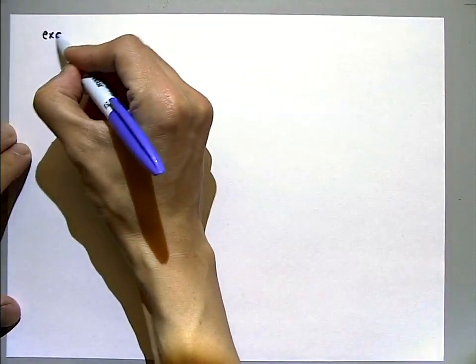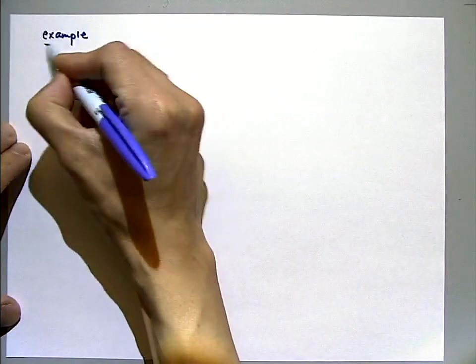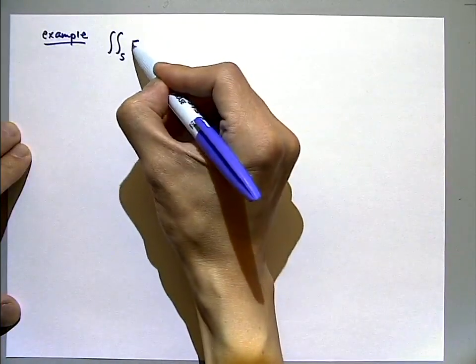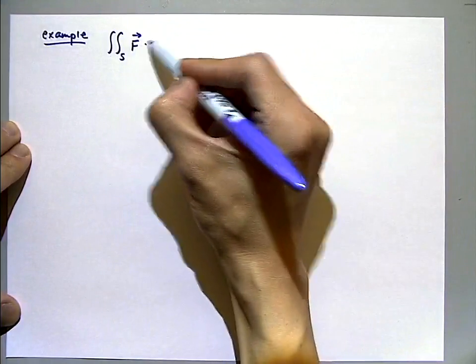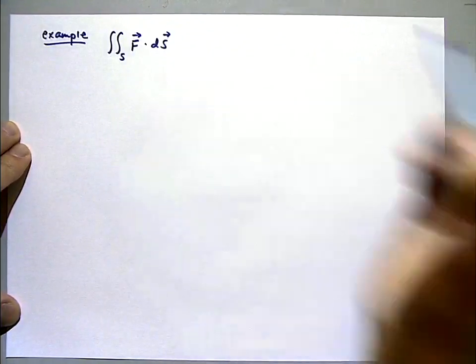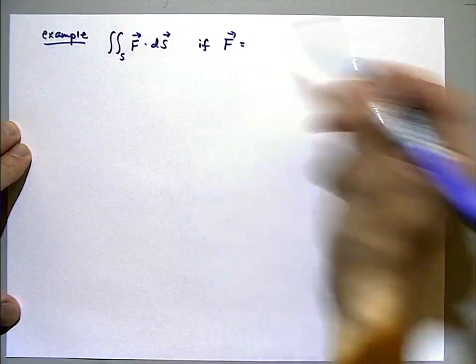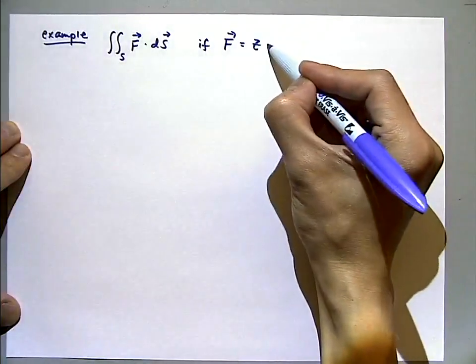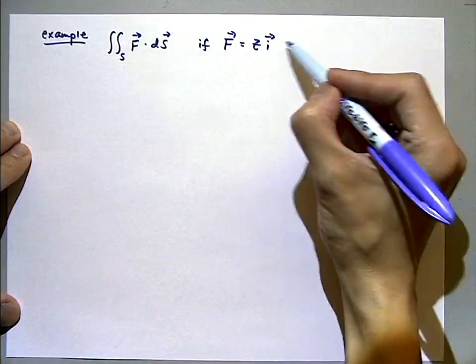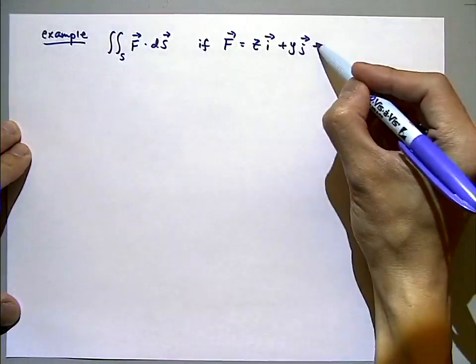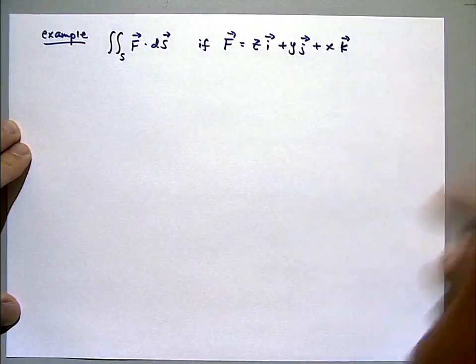All right, let's do an example. Let's do this integral here. Let's say our vector field is zi plus yj plus xk.